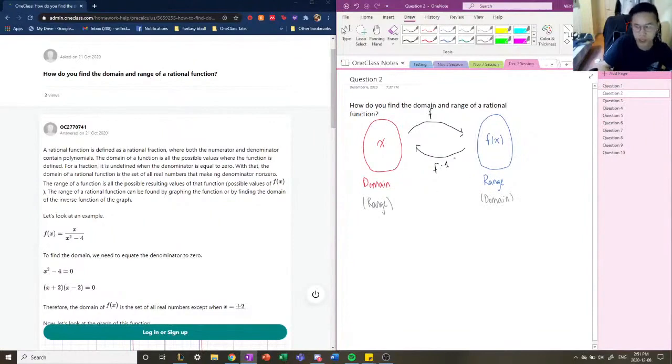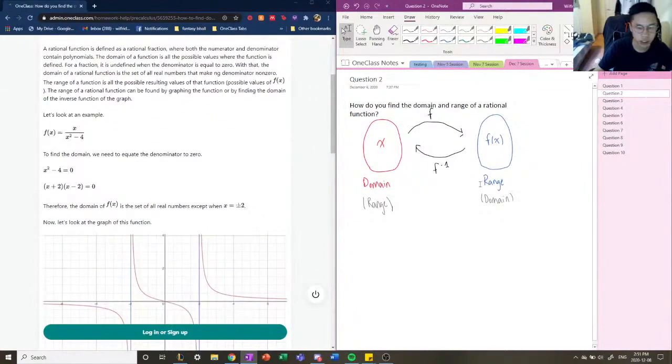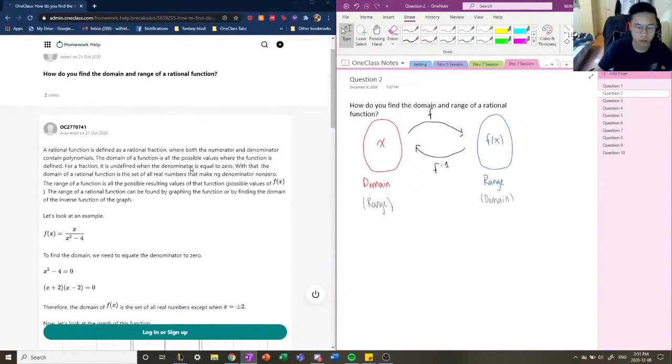So by finding the inverse function and figuring out its domain, we can find the range of the original function. Sometimes it's hard to find the range because you can't graph out the whole function itself, and most of the time we can't really figure out where f of x doesn't exist. So we're going to use this trick to solve this problem.